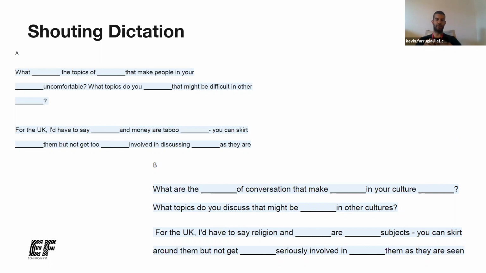So if I am A, I tell B, my first word is what? And I say, what's the second word? Person B tells me R, so I write it down on my paper. So continue, what are the, then person B needs that word. So I tell them it's topics, they write it down. Again, when it's live, it's a bit more chaotic because there's the other students who are shouting.